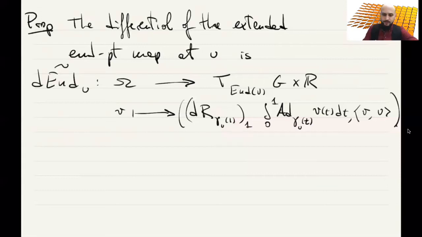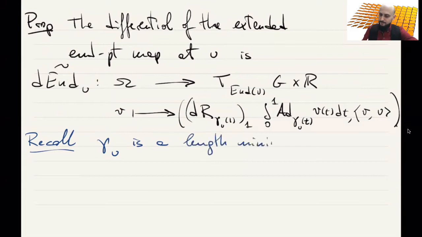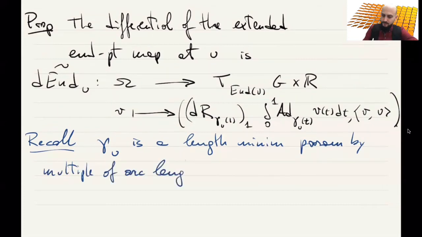Okay. Something else that we also discussed last time was that if gamma u is a geodesic, a length minimizing curve parameterized by a multiple of arc length, obviously parameterized at constant speed, then the extended endpoint map is not surjective.